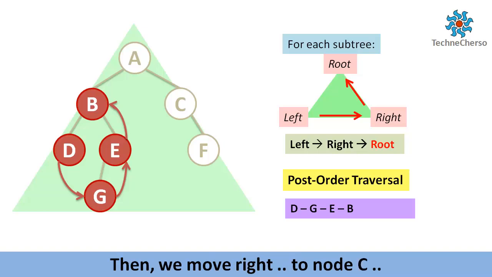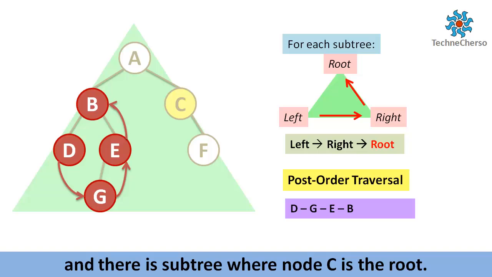Then we move right to node C, and there is subtree where node C is the root.